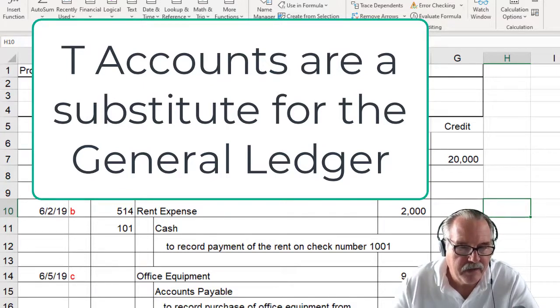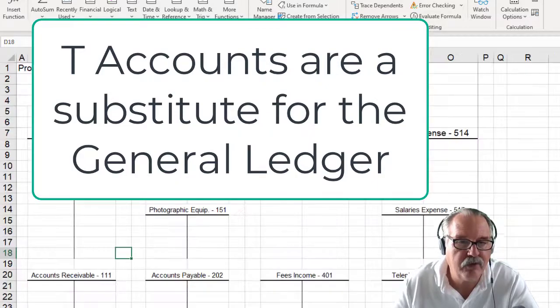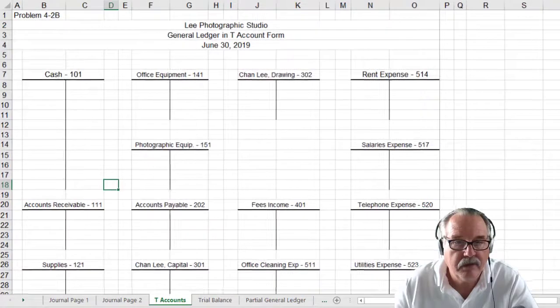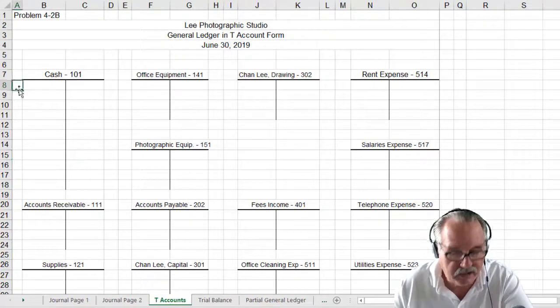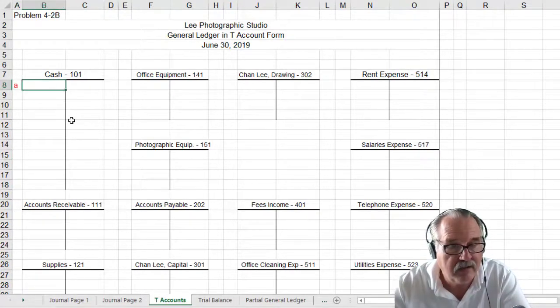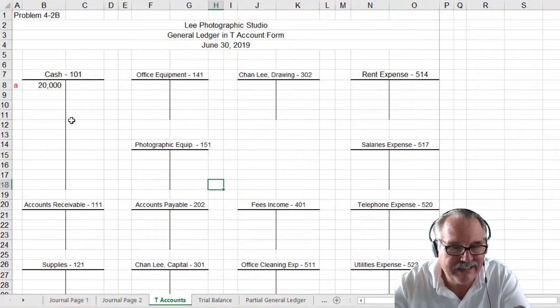So I've set up some T accounts for you. They're in the worksheets that I published, and I'm going to go and post these to this general ledger. Again, this is a substitute for the real general ledger, and it just works easier and better.